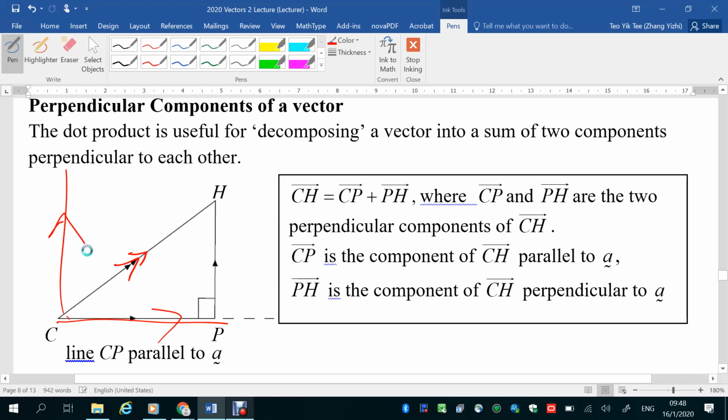That's how you resolved your forces previously. Whether you take physics now or don't, this is your secondary school skill, nothing really fantastic, just that we put it into vectors theory. So CH is CP plus PH. Resolving of forces is actually addition or subtraction of your vectors.